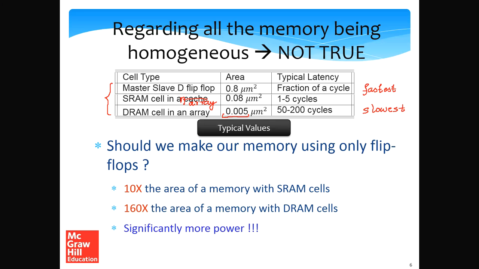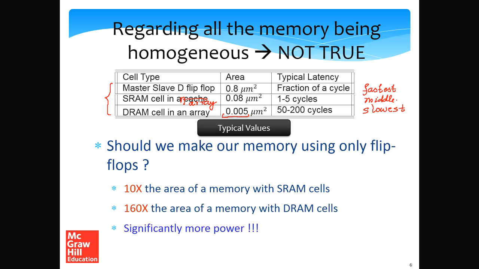Right? But well, speed comes at a price, and the price is area efficiency. SRAM is in the middle. But as we see, as we increase the area, and increased area also means increased power, the latency decreases, so our cells are faster.